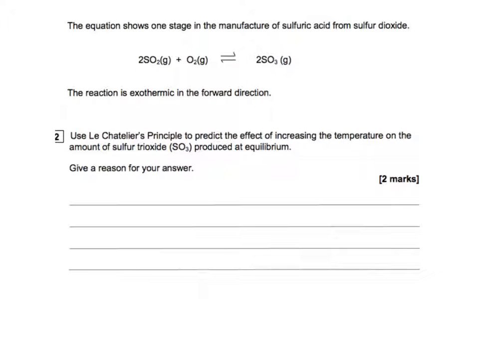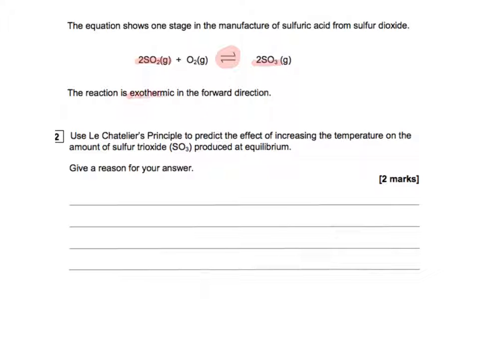Finally, the symbol we often use for a reversible reaction is this symbol like this. Okay, so here's a question we're going to look at together. The equation shows one stage of the manufacture of sulfuric acid from sulfur dioxide. So I've got my sulfur dioxide, oxygen and my sulfur trioxide, and this is a reversible reaction.